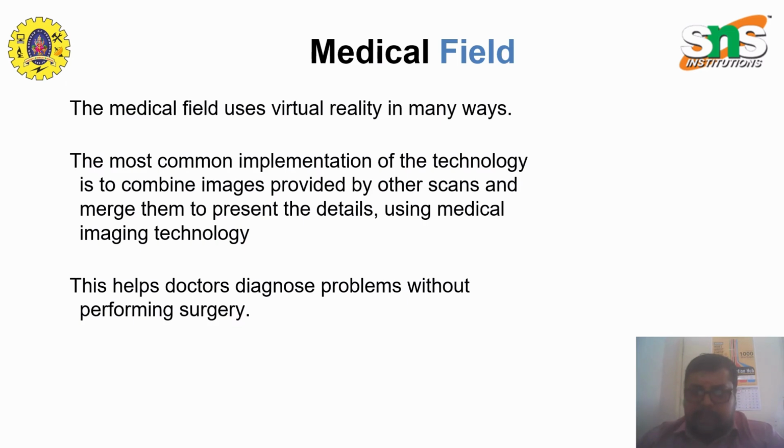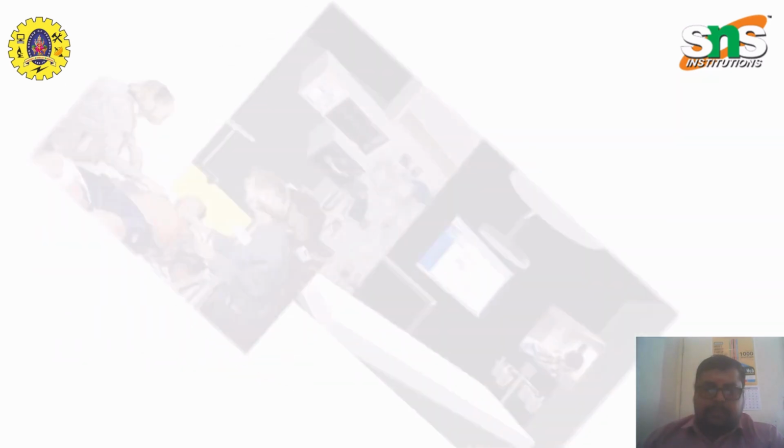This can be done using virtual reality in the medical field. This technique combines numerous scans, merges them into a single detailed model, and forms a medical imaging technique. So it enables a doctor to diagnose the problem without performing surgery. That is the main objective: to diagnose the problem without performing any surgery.